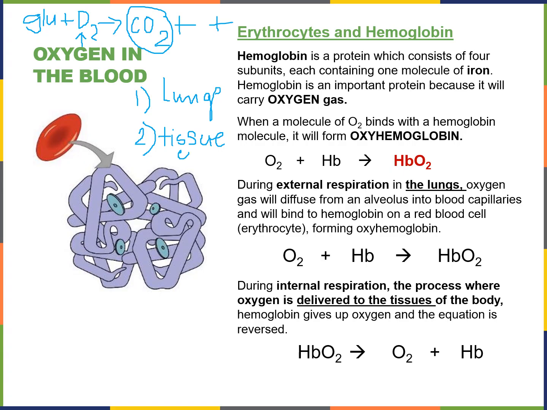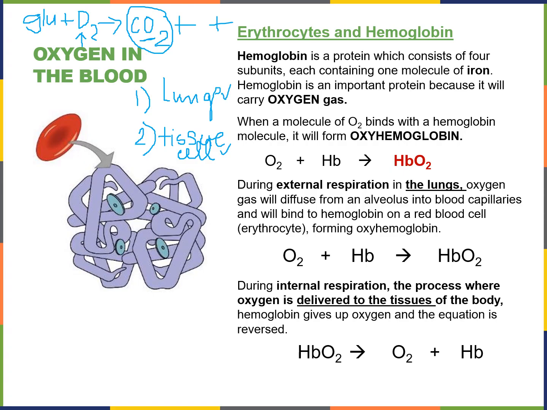So each cell needs to get oxygen to carry out cellular respiration. And each cell needs to send the carbon dioxide that's being produced out of the cell, because carbon dioxide is toxic to cells. So another exchange has to occur there between the blood that's arriving and the tissue cells.